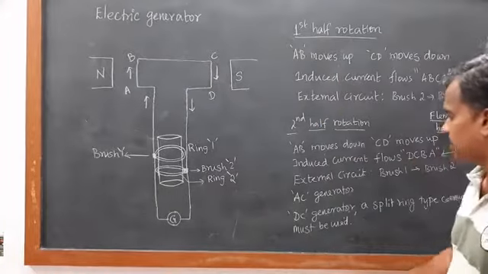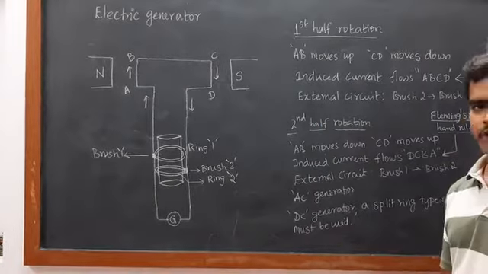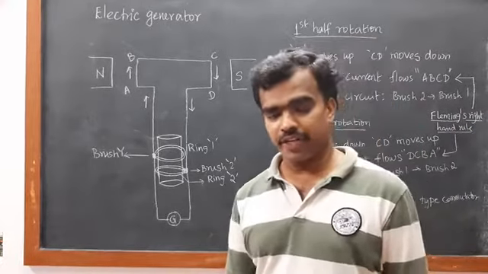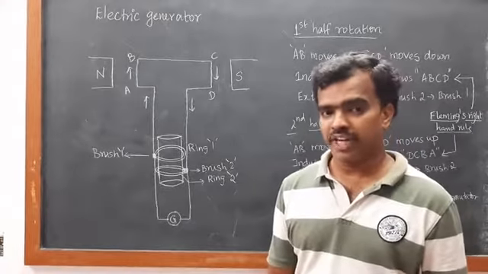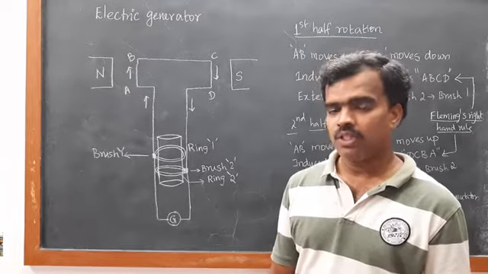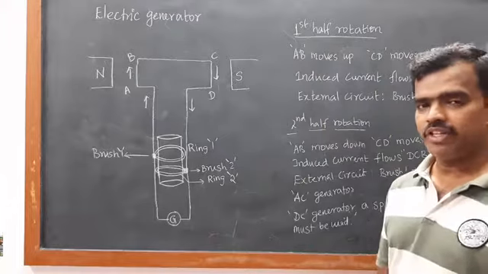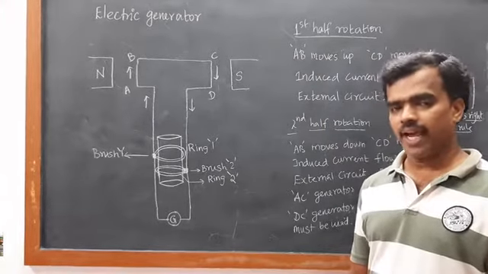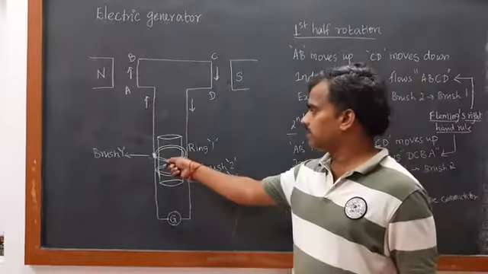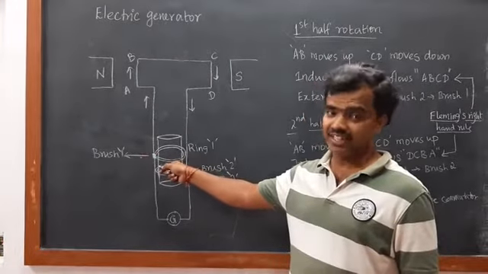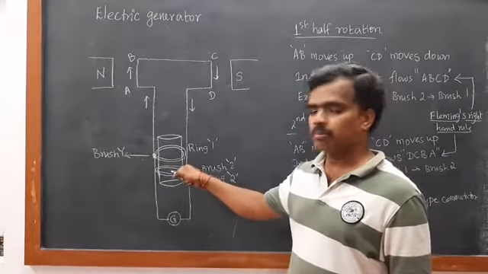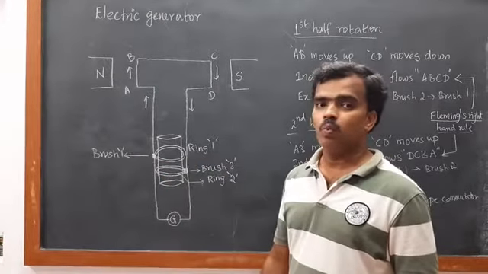Suppose you need a DC generator, what do we have to use? We need to use a split ring, right? The split ring acts as a commutator. Try to understand my words. If you want a DC generator, we need to use a split ring which acts as a commutator. In that, the brushes are fixed. These carbon brushes will not move.